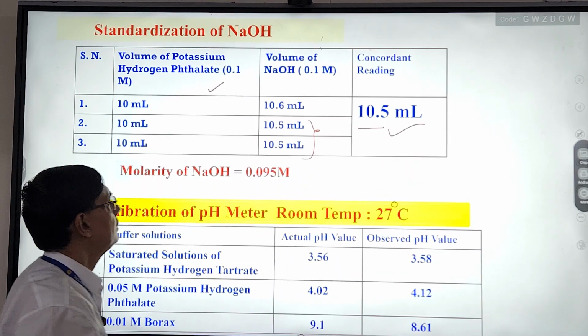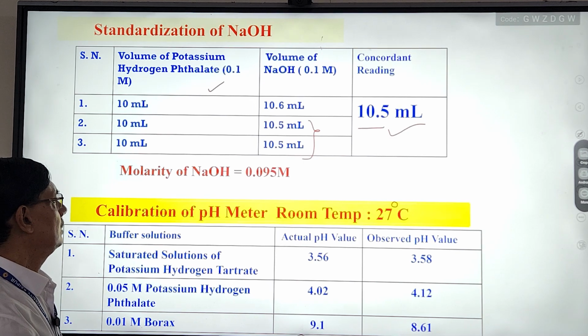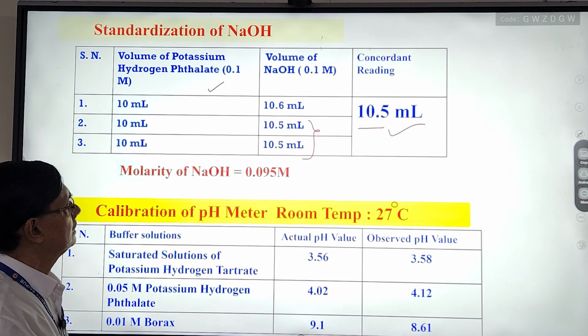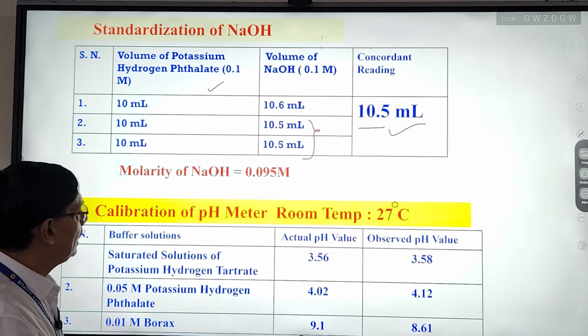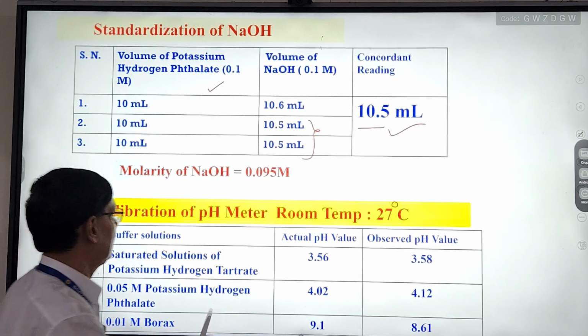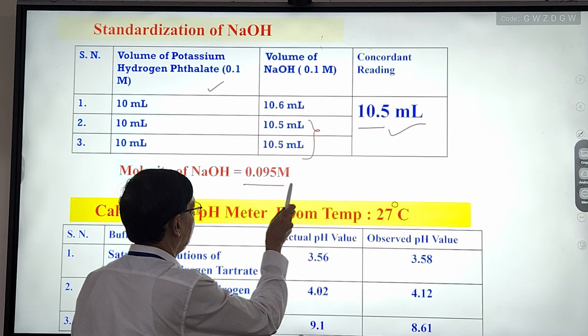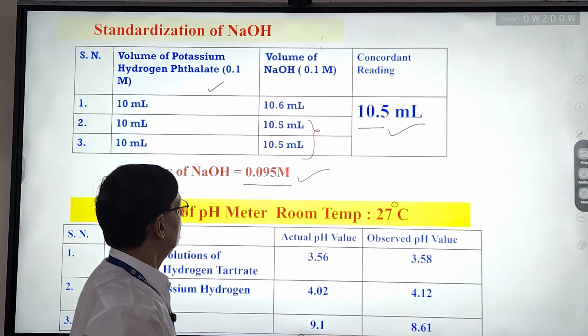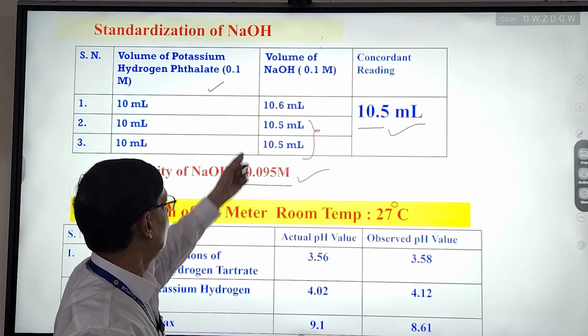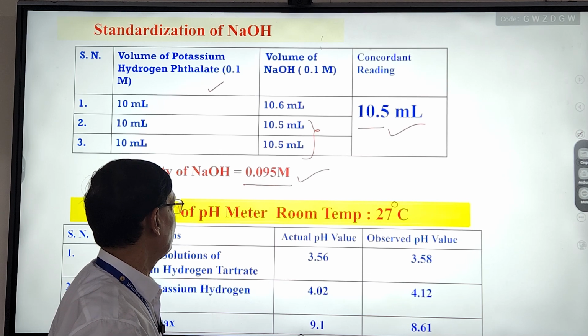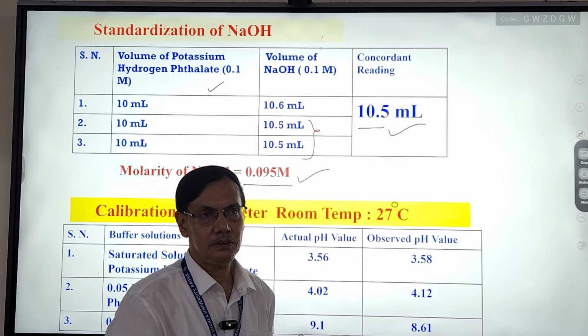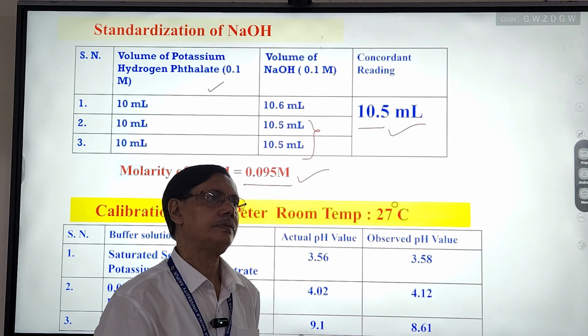There is no problem because it is quite obvious that the actual molarity of your sodium hydroxide is, in place of 0.1, we are getting 0.095 molar. So absolutely no problem.